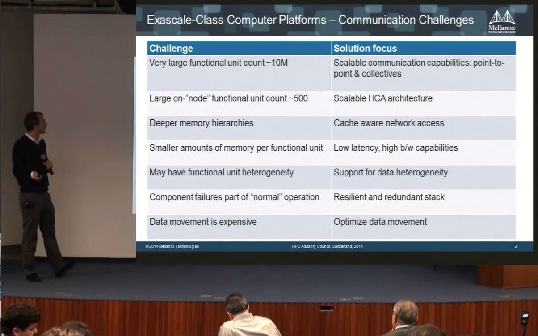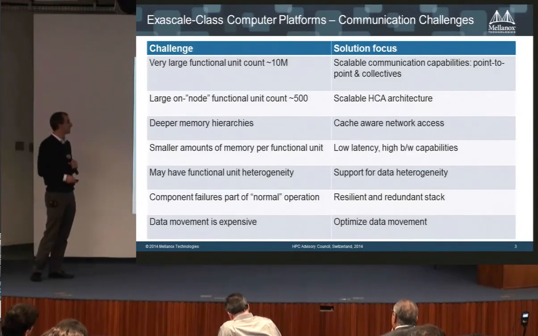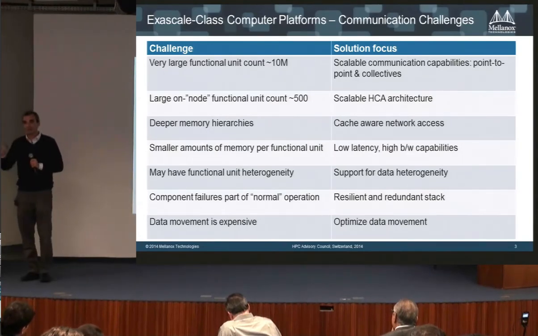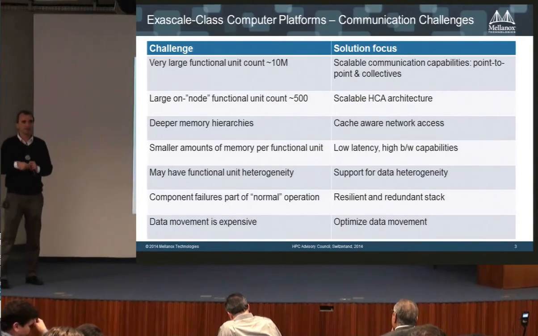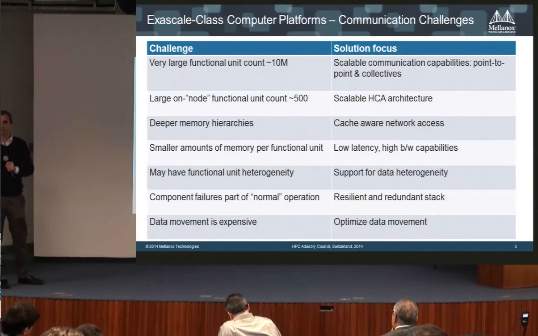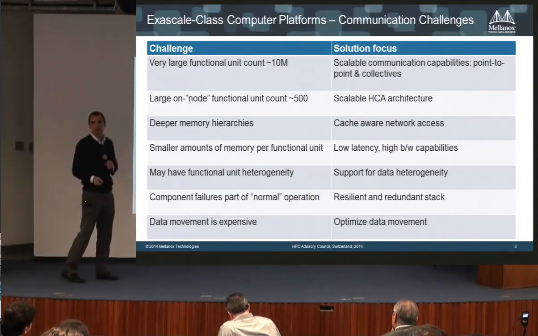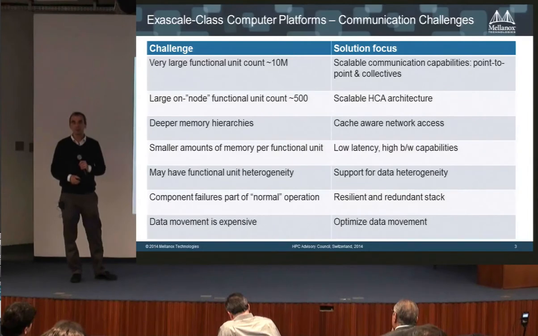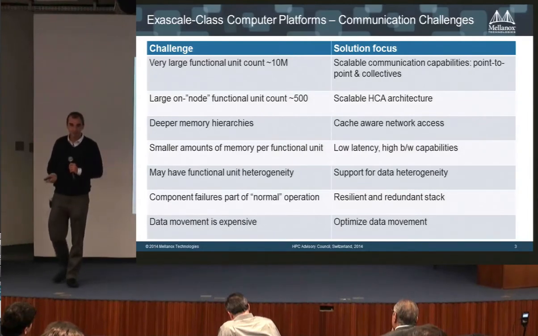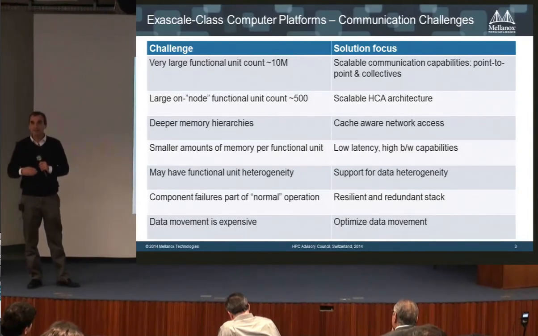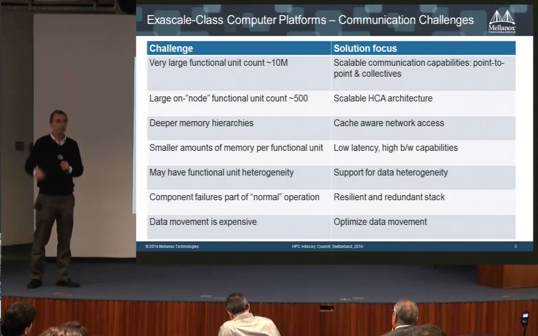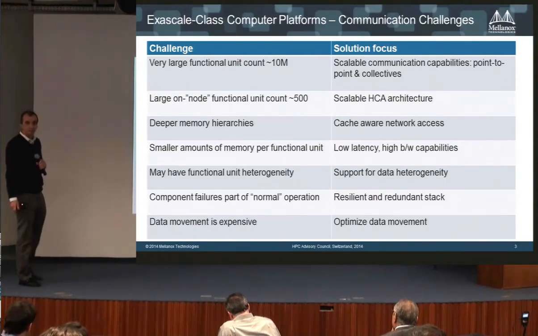There is a trend towards deeper memory hierarchies. The number of caches, and in the storage space also the significant adoption of newer, faster, non-volatile memory technologies such as flash, have created a space for a deeper hierarchy, and that also has an impact on the network.